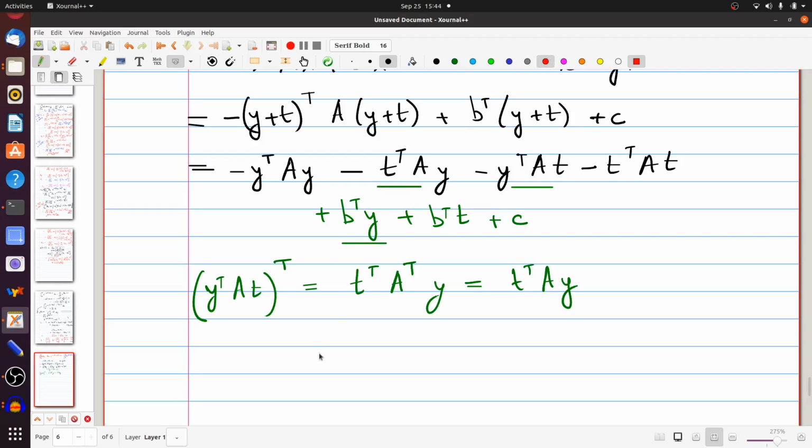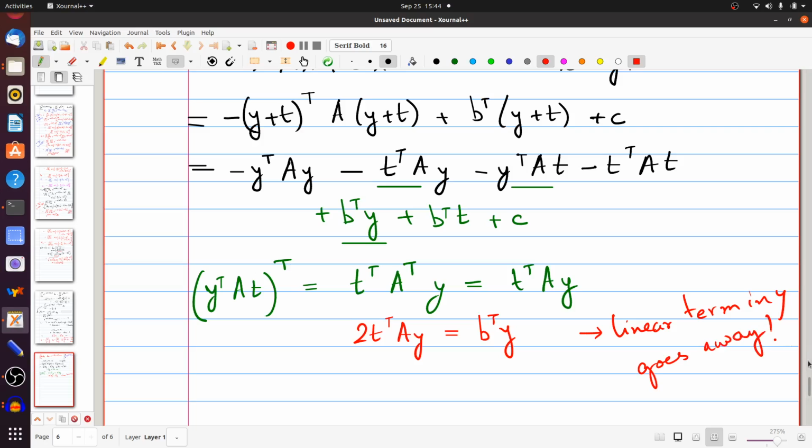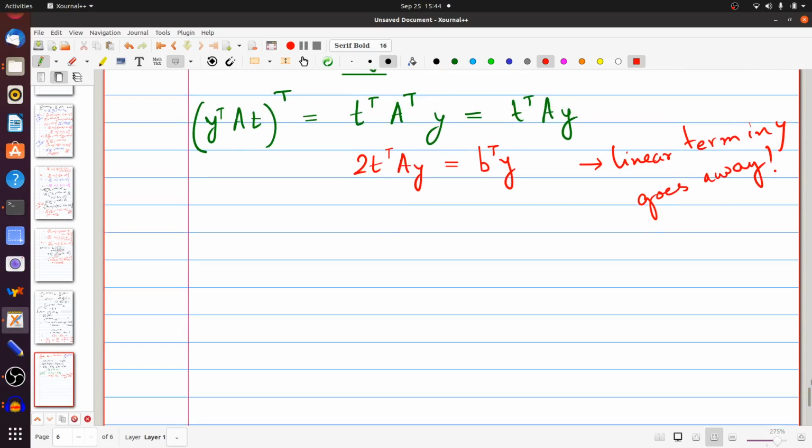So the condition that we want to impose on our t is simply this. Twice t transpose A y must be equal to b transpose y so that the linear term goes away. That's our aim. So how do you achieve that? Straightforward.